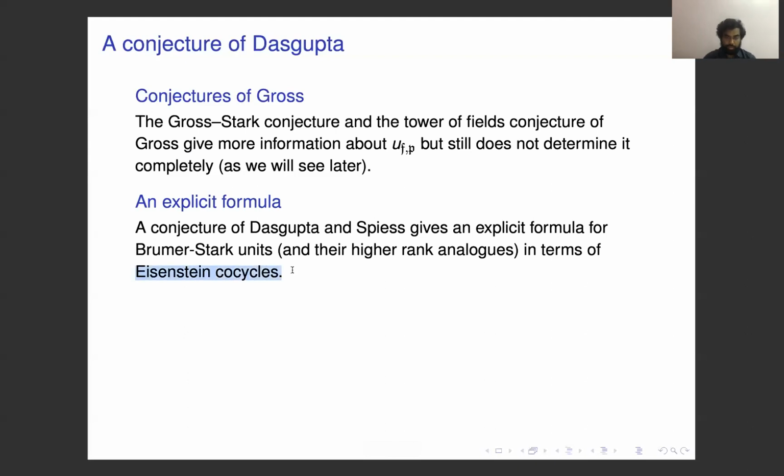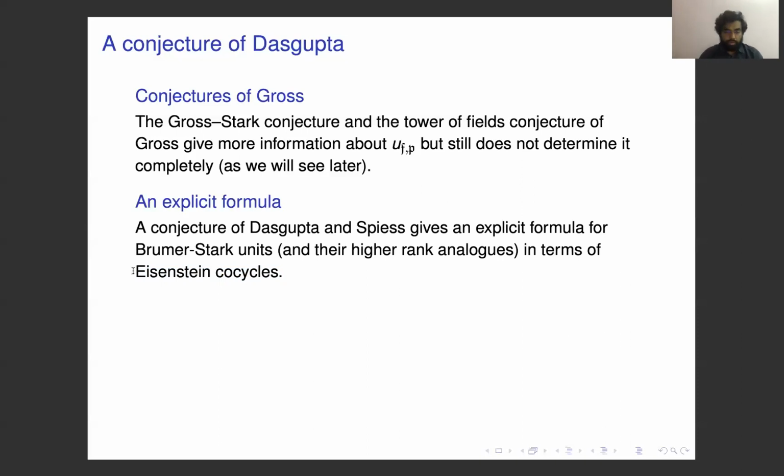So the Eisenstein co-cycles have been studied by many people: Sczech and Dasgupta and Charollois, with Matt Greenberg and Williamson, Levin and Kings, and so on. So there's a long list of people who have studied this from different points of view.